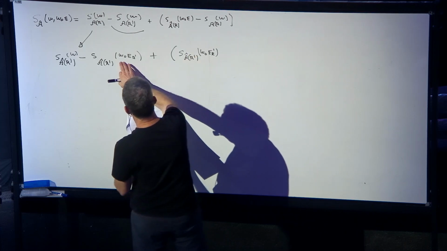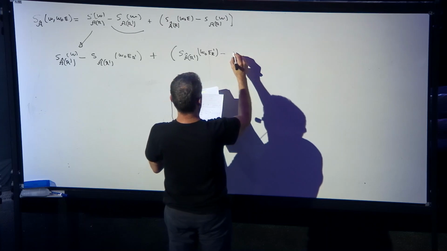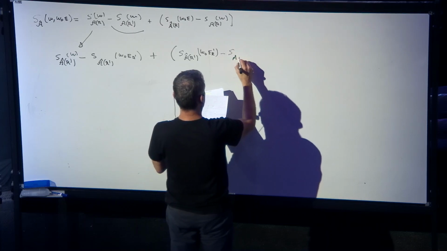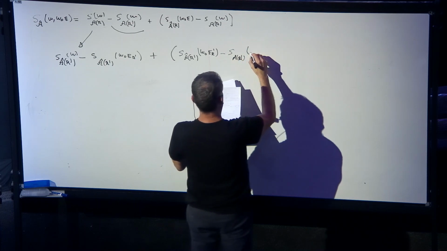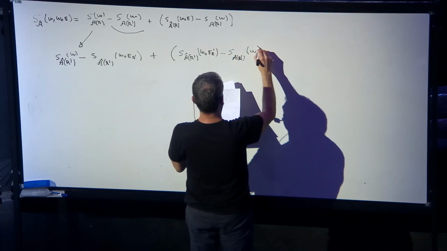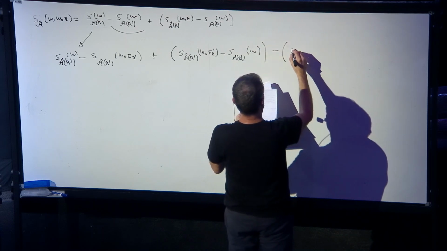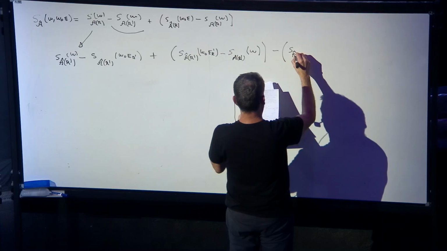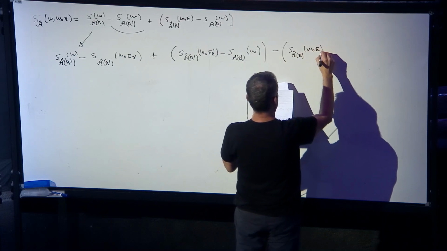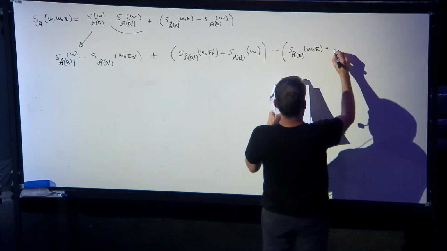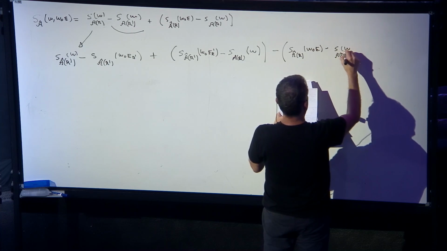So this I'm adding and subtracting here, minus S of A of R prime of omega, minus S of A maximal R of omega composed with conditional expectation, minus S of A R of omega.